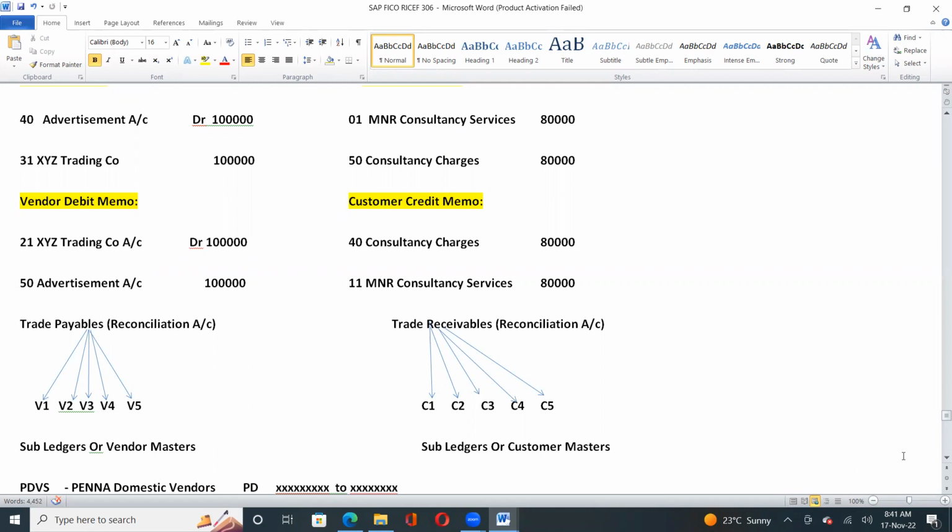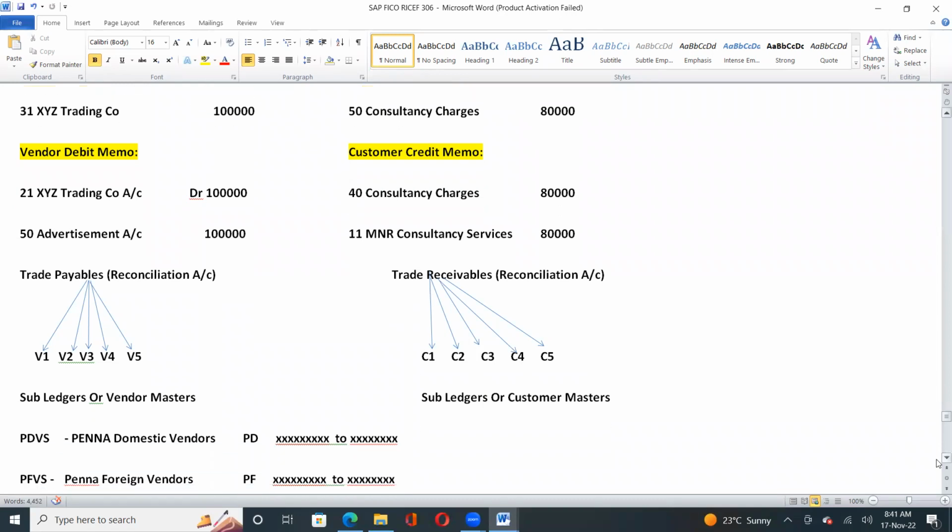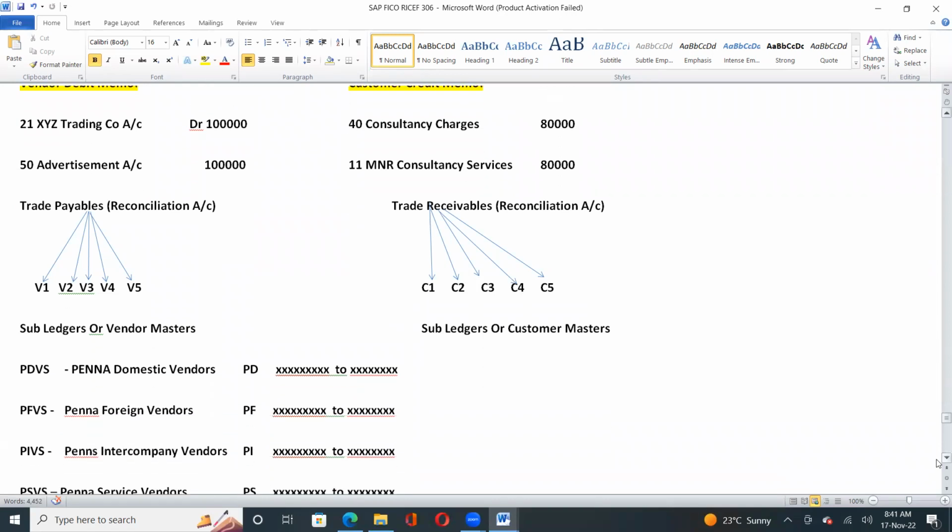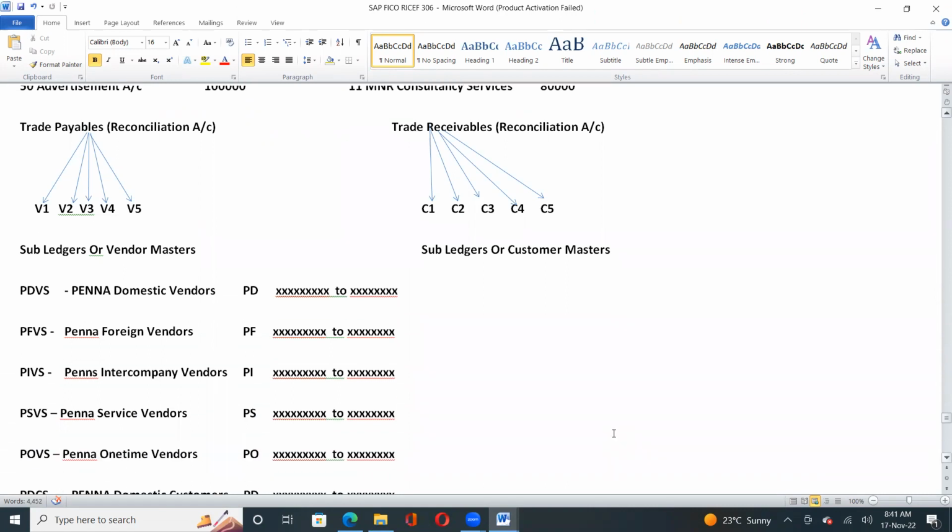The vendors and customers will be categorized as per their transactions. Broadly, we classify them into different categories: domestic, within a country; foreign, out of the country; intercompany, within the members of the companies; service vendor; and one-time vendors. One time means we purchase only once and then close it.